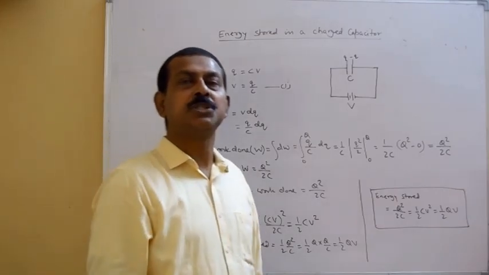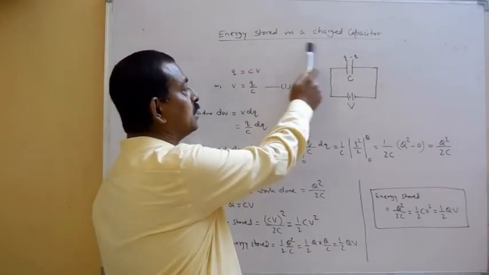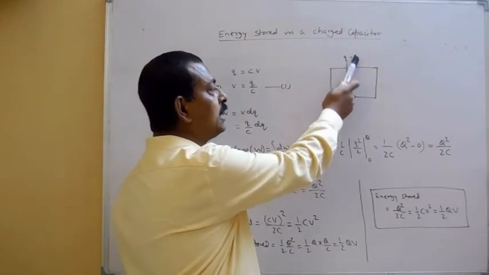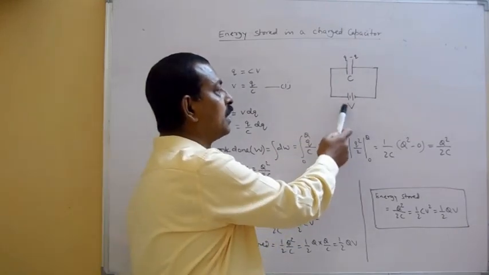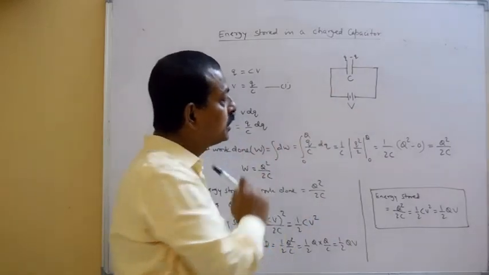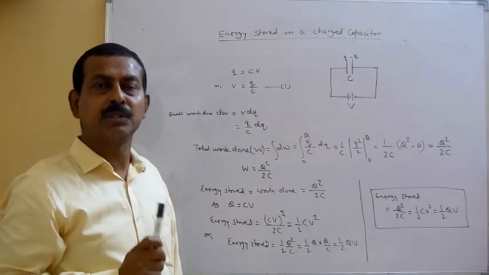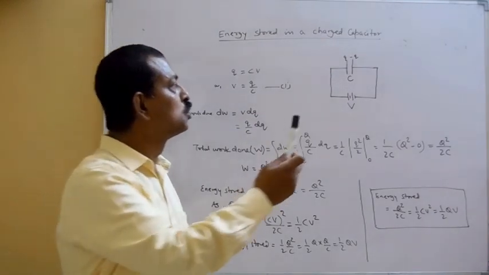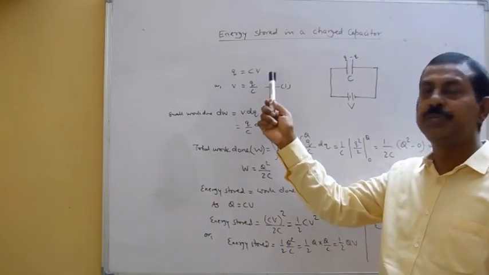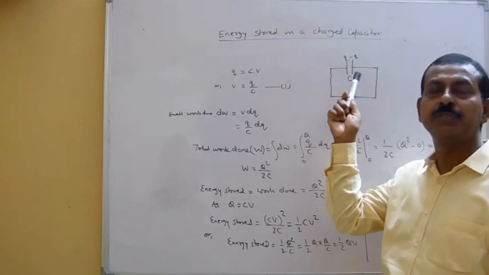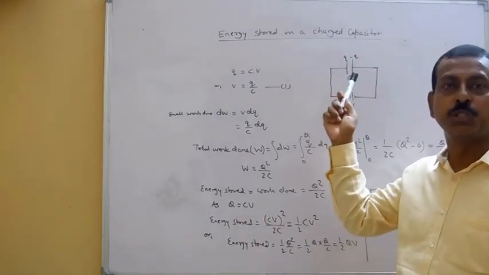Now, let's do the expression for energy stored in a charged capacitor. Suppose C is the capacitance of a capacitor which is being charged. This is the source to which it is connected, and let Q be the charge on the capacitor at any moment. So we can write Q equals C into V. V is the potential difference across the plates of the capacitor at that particular moment when we have the charge Q there.